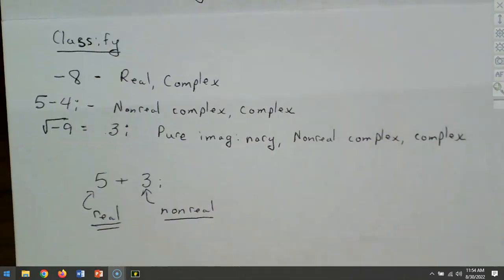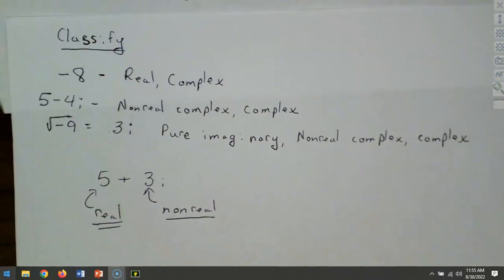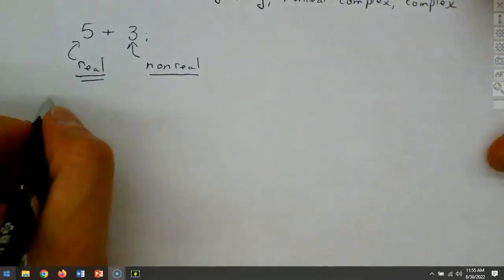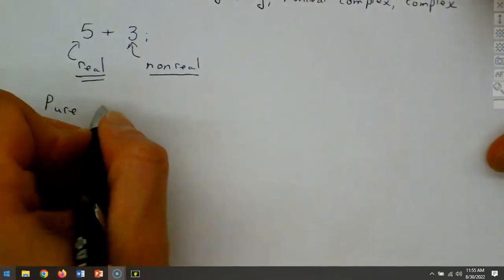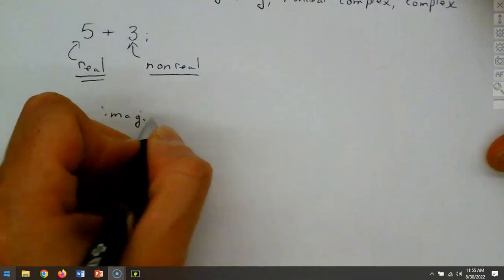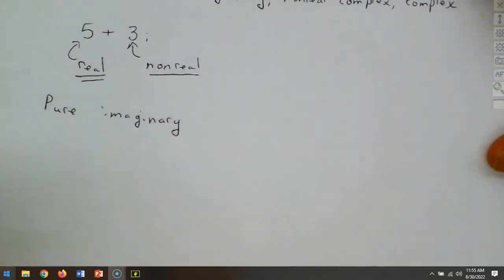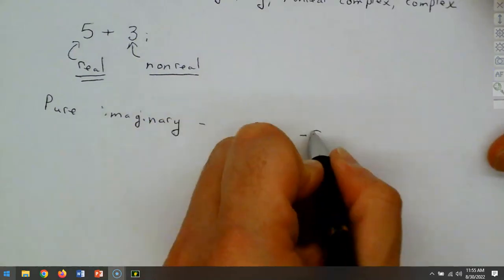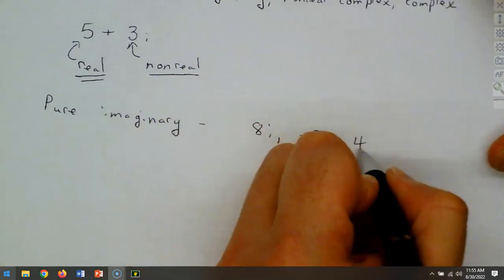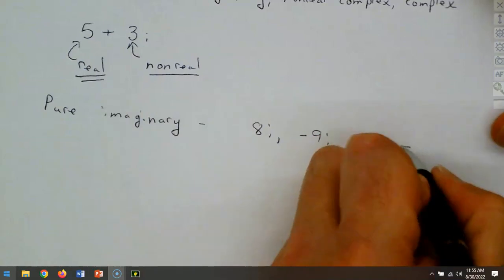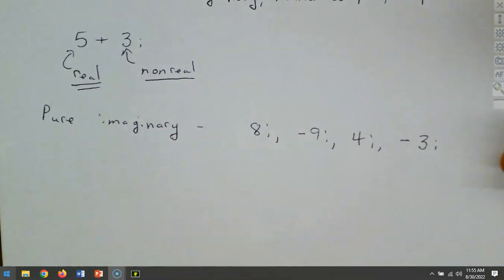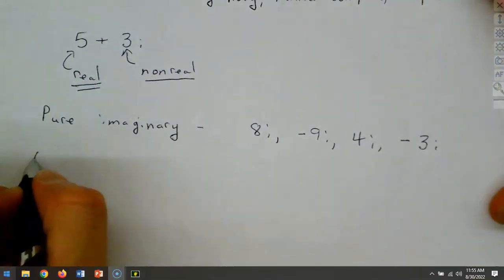Here, I'll list out some examples. It'll make more sense once we do some examples. These are all pure imaginary. 8i, minus 9i, 4i, negative 3i. Those are all pure imaginary. These are not pure imaginary.